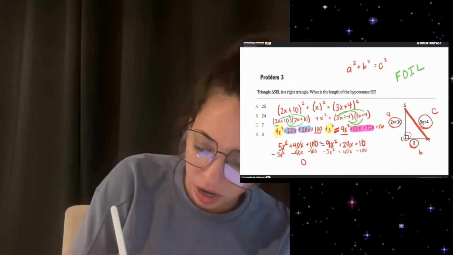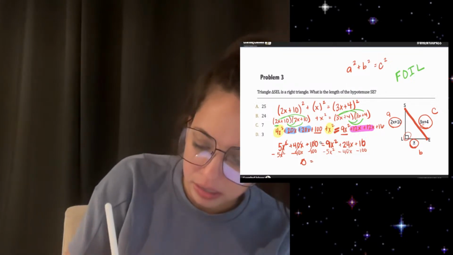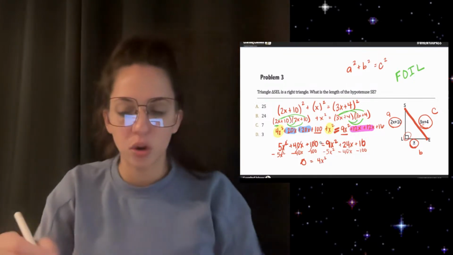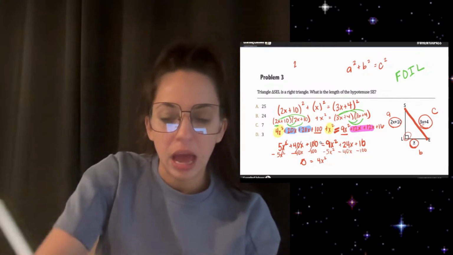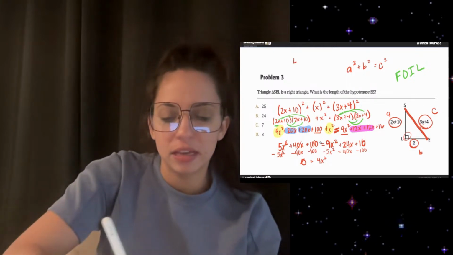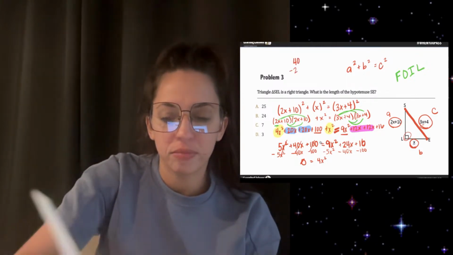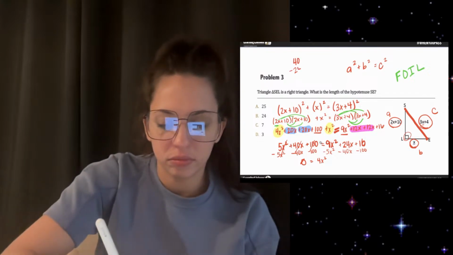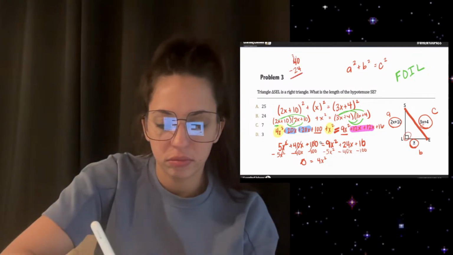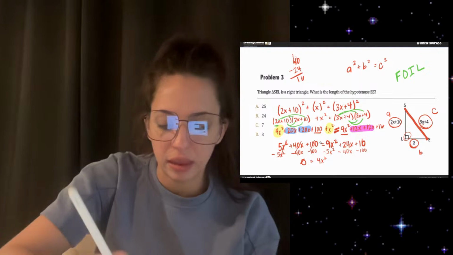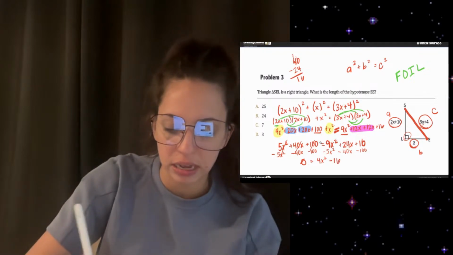So 0 equals 9 minus 5 is 4x squared. 24 minus 40. I like to do it this way. And then make it negative. So negative 16x.